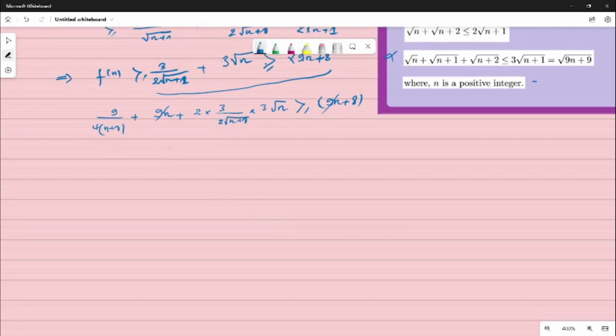And here we can get rid of this, and it is sufficient to prove that this plus 9, here we have 9, is greater than 8.